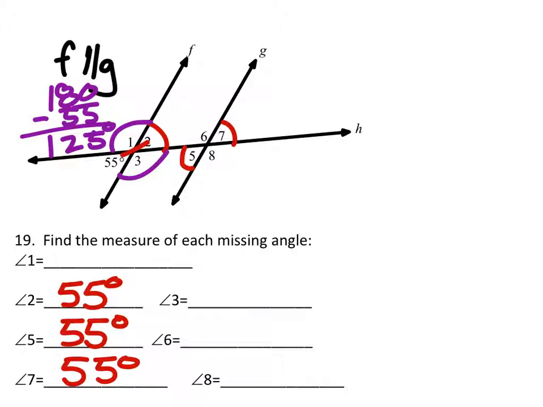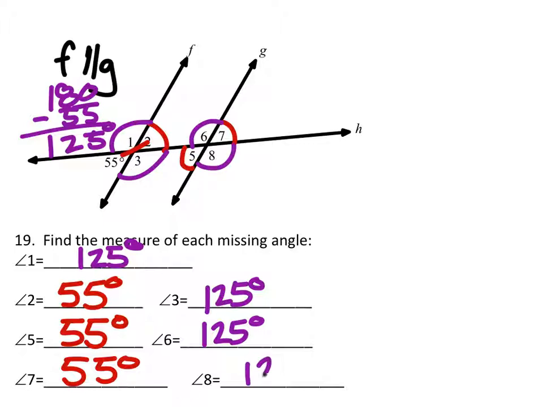So angle 1 is 125 degrees, which means its vertical angle, angle 3, is also 125 degrees. And then angle 6, which is corresponding with angle 1, is also 125 degrees. And finally angle 8, which is alternate exterior, is also the same angle, 125 degrees.